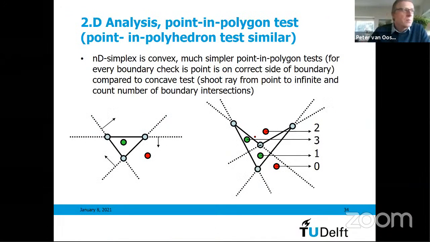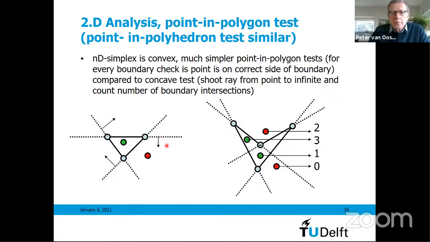Okay, a simple test is the point in object test, point in simplex or simplicial complex test, and that is rather easy for convex objects because a convex object has a boundary. Shown over here, one edge, but that is lying on a line, and the edge has an orientation.